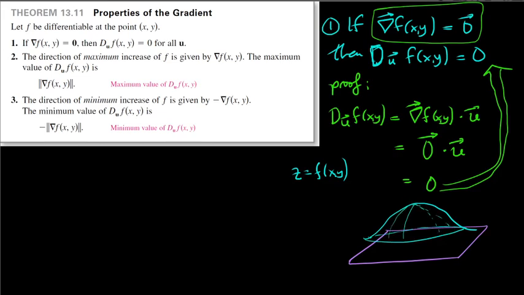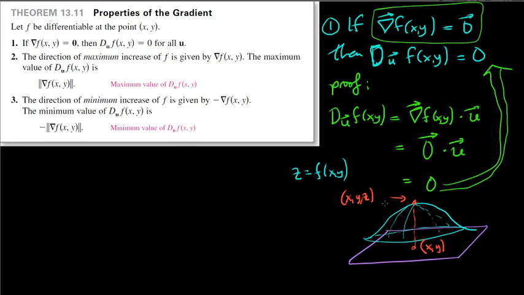Suppose I take the peak of that hill, at the very top here. So project down to the xy plane. Let's suppose this is my x and y down here, and then, of course, this is the point x, y, z.